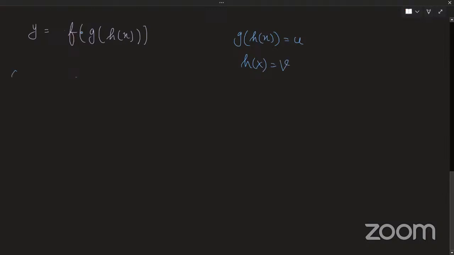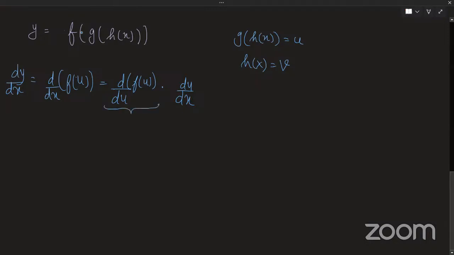So dy by dx is basically d by dx of f of u, right? Do you agree, everyone? So I can write it as d by du of f of u into du by dx, right?